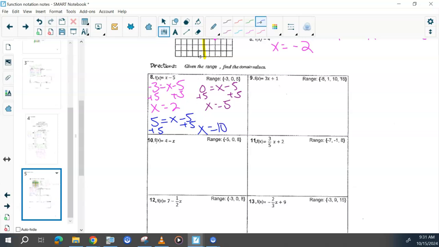And then just like before, we were given our domain, but now we're given our range in set notation, so we want to give our domain in set notation as well. So least to greatest, that would be 2, 5, 10. Questions about that? Other questions on this page you want to go over?